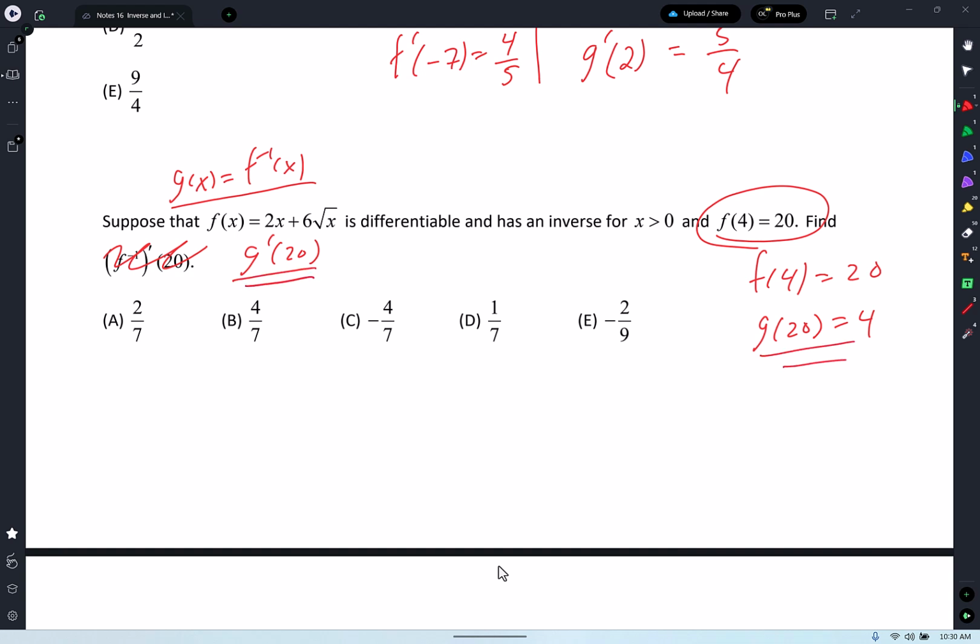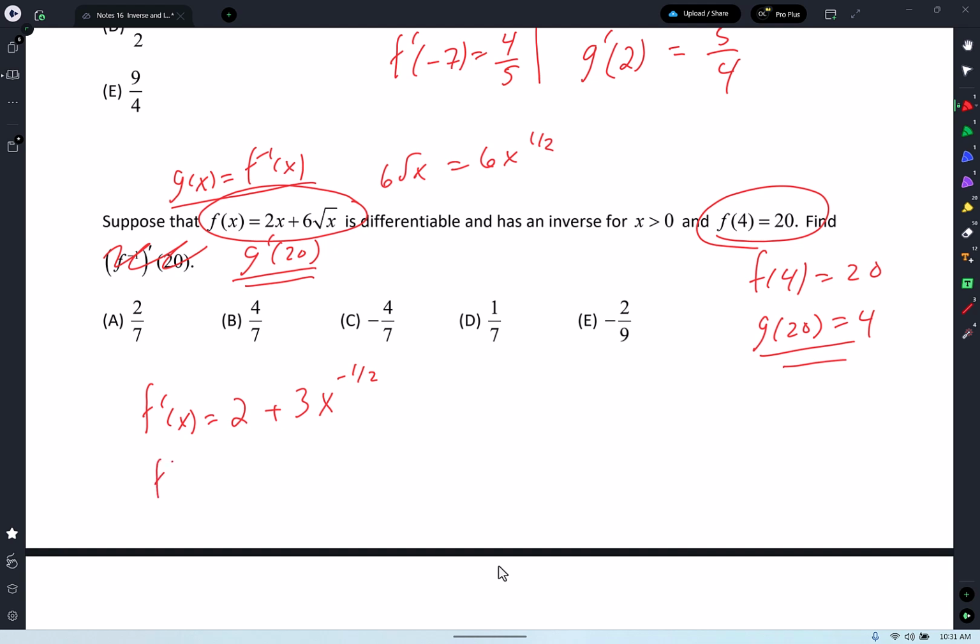Oh, okay, g prime of 20. I'm going to take this f of x, find the derivative, and plug in the number 4. So f prime of x equals, what's the derivative of 2x? 2. And then remember that 6 square root of x is the same thing as 6x to the half. So plus, what's half of 6? 3. I subtract 1, so negative half.